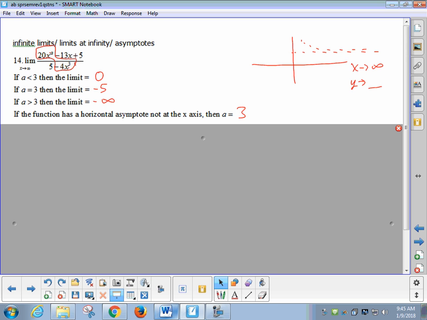If a equals 3, then it starts to be the case that these are almost identical, so 20 times huge over -4 times the same huge will approach -5. Not 5, -5. Okay? And then if a is greater than 3, then it's going to be 20 times a huge positive divided by -4 times a pretty huge positive.